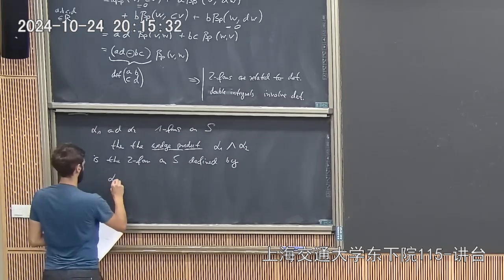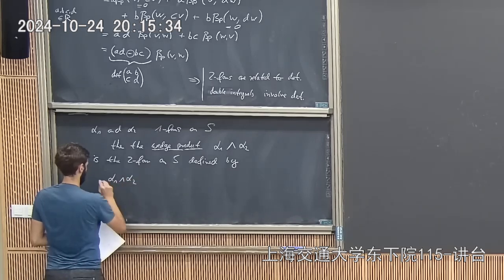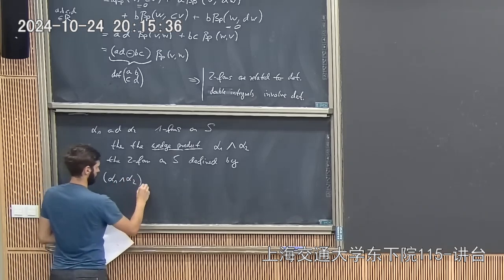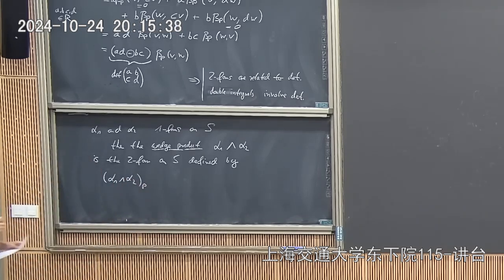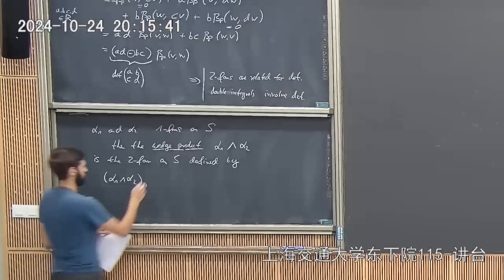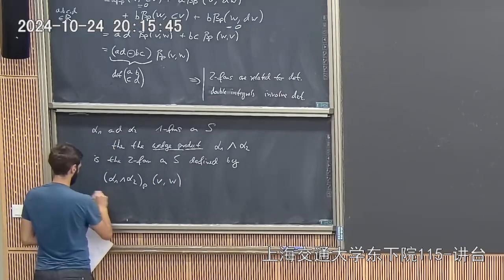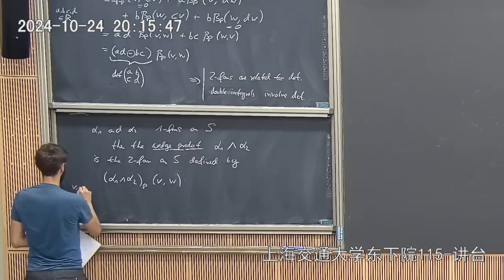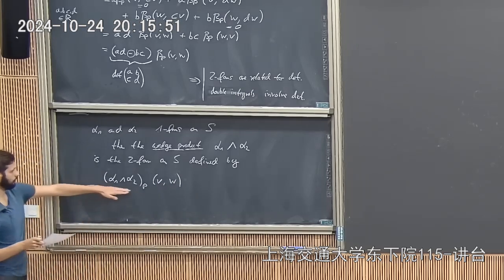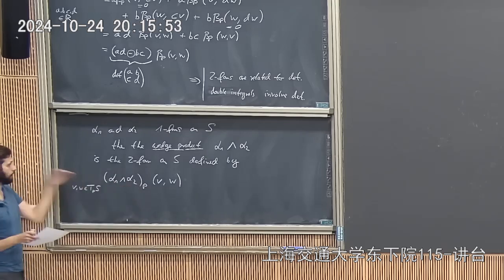I have to define that. So alpha 1 wedge alpha 2 is a two form. So I have to give you a point, and I have to give you two vectors. And now I have to say what this number is.